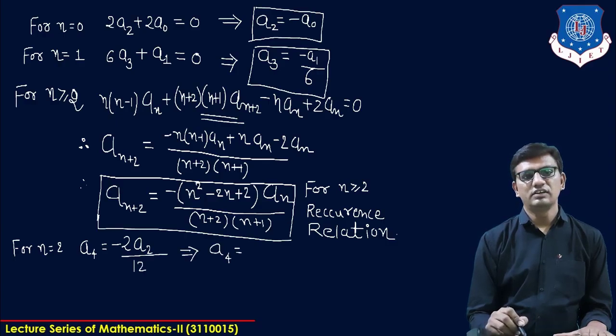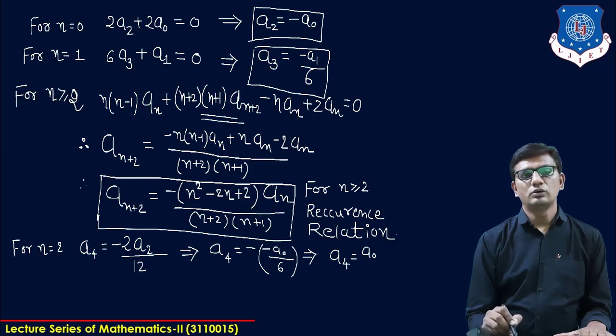That implies a4 equals minus a0 by 6 in place of a2. So finally a4 equals a0 by 6, because a2 equals minus a0.